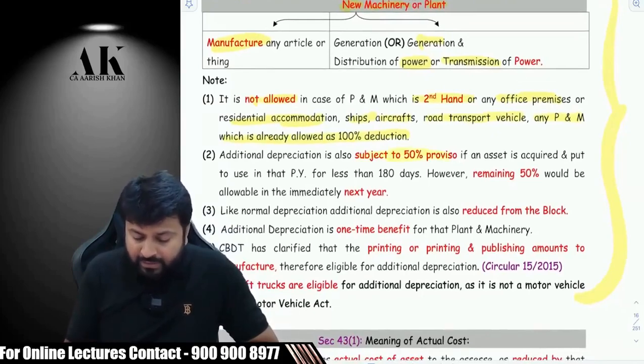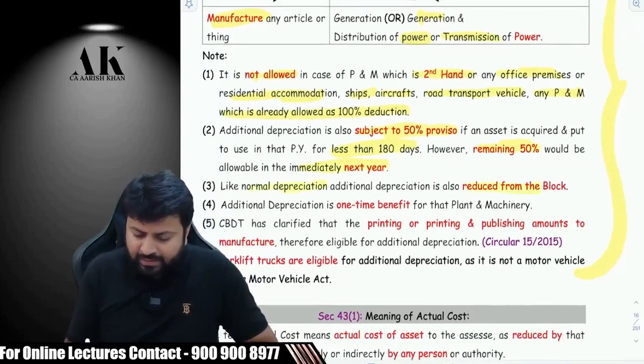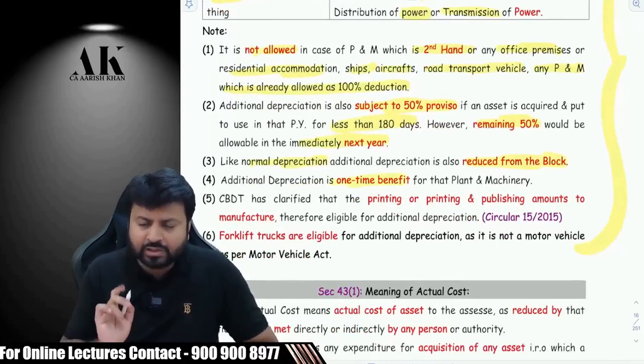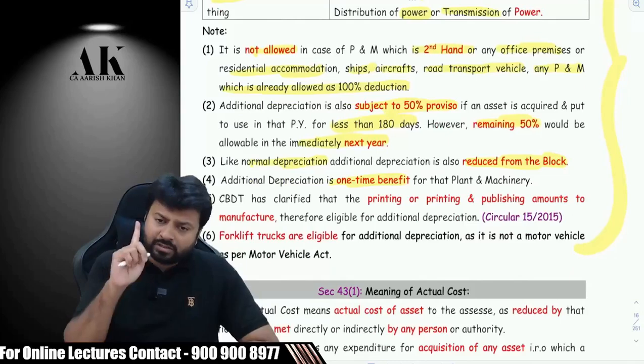It is also subject to the 50% proviso. That is, if it is used for less than 180 days, 50% is allowed, and the remaining 50% will be allowed in the immediately next year. Like normal depreciation, it will also be reduced from the block, just like normal depreciation, to arrive at WDV. It's a one-time benefit for one asset. This is also an important point: for every asset you will get additional depreciation only once.